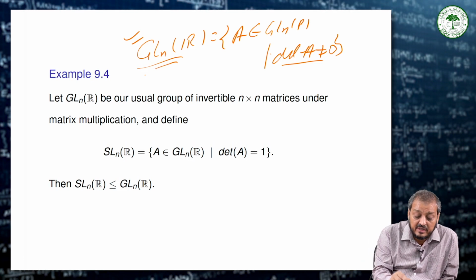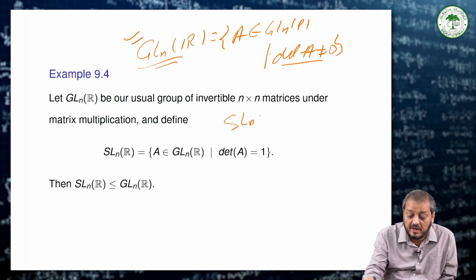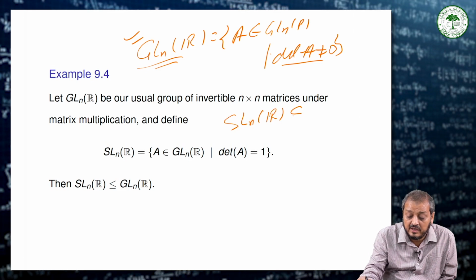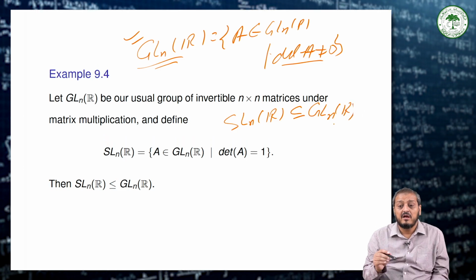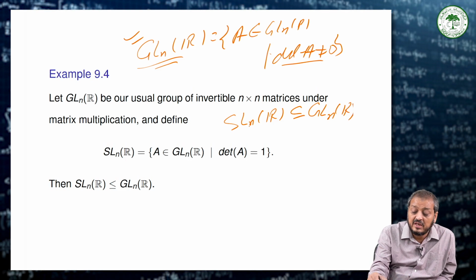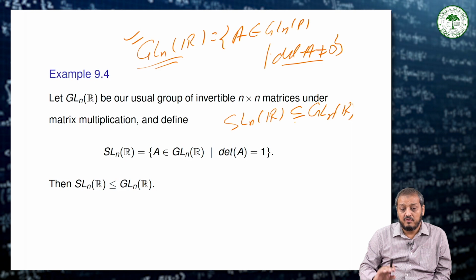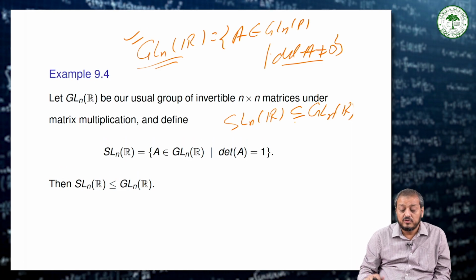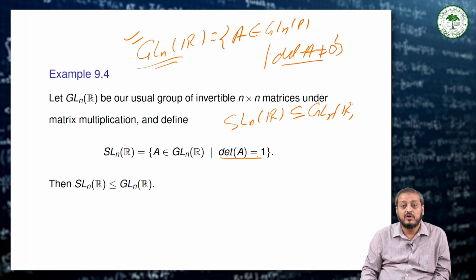So clearly SLnR is a subset of GLnR. Now we have to check whether SLnR is a subgroup of GLnR or not. The condition is determinant of A equal to 1.